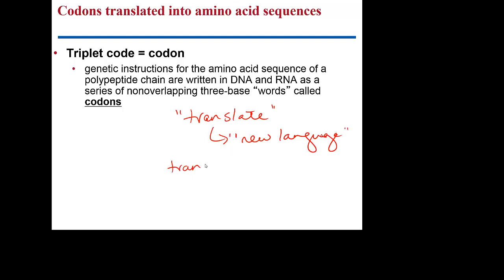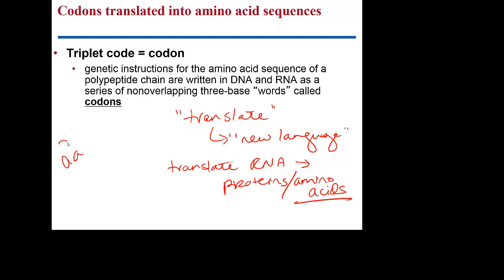It's translating the language of RNA into the language of proteins, specifically amino acids. For each amino acid, okay, so we have 20 amino acids, remember? For each one, there's a codon specific to it.